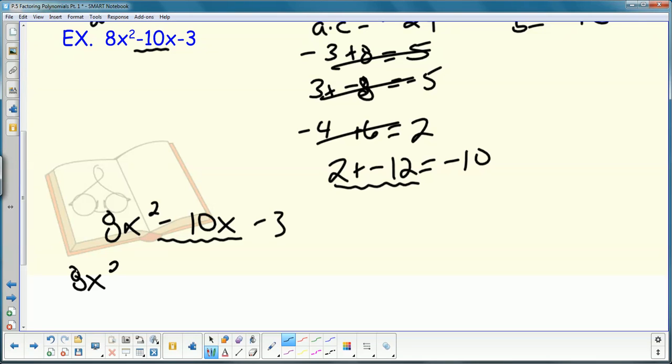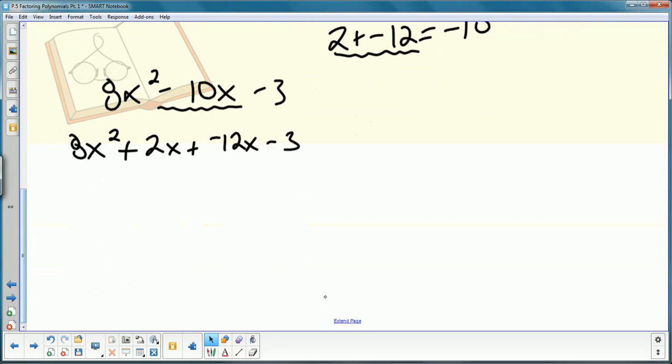Meaning we leave the first term alone, plus 2x, plus a -12x, and then minus 3. It'll probably always be easier if you say plus a negative here, and you'll see why in a minute.